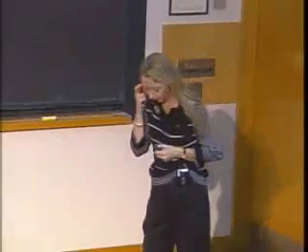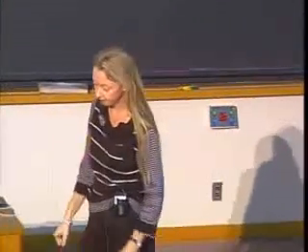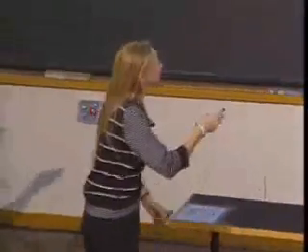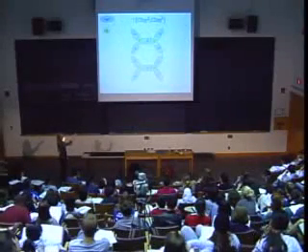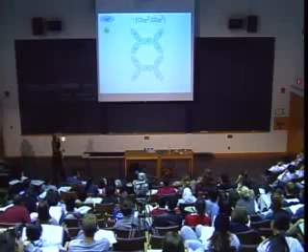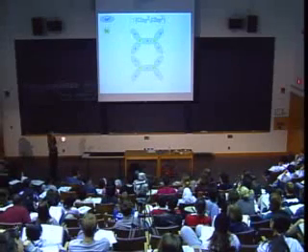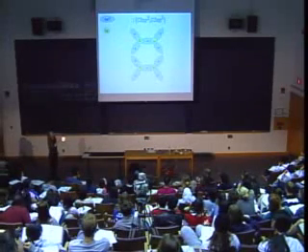Okay. Now, what I want to do is take this 2sp2 hybrid and build a larger molecule. All right? So I'm going to take the 2 carbons here that are bonded via this 2sp2 bond.